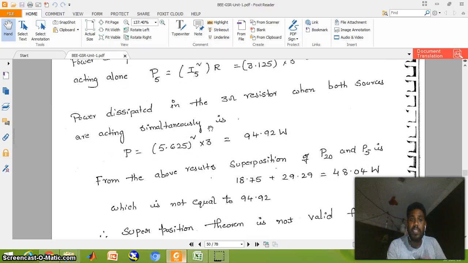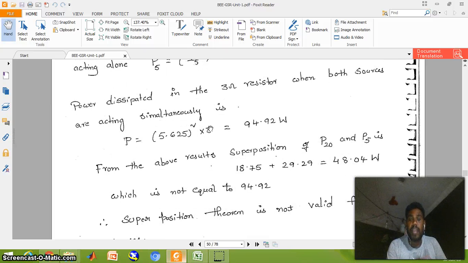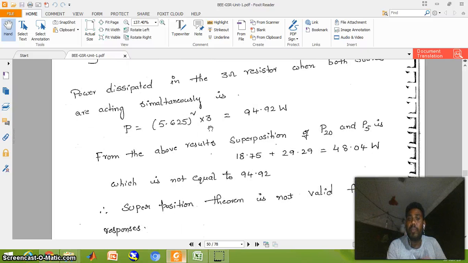So the power P is equal to total current squared into 3, which is equal to 94.92 watts. According to the superposition theorem, total power would be the algebraic sum of individual powers. The individual powers are 18.75 in the first case and 29.29 in the second case. We get 48.04. But the actual power is I total squared into 3, which is equal to 94.2 watts.